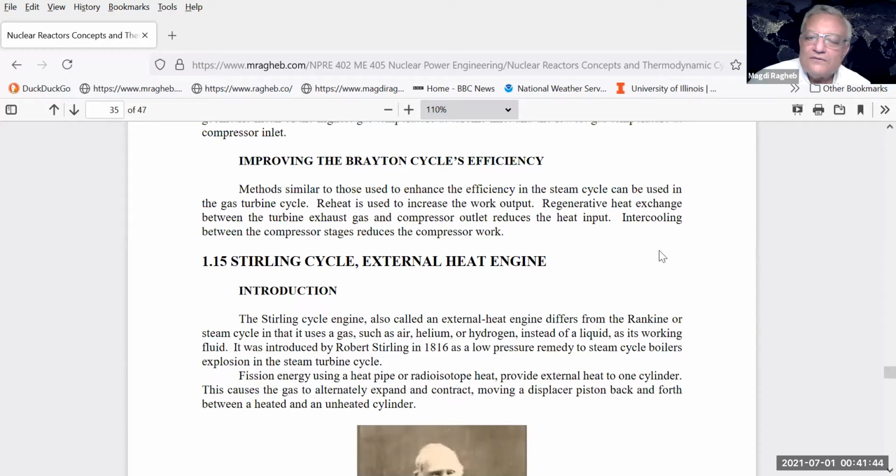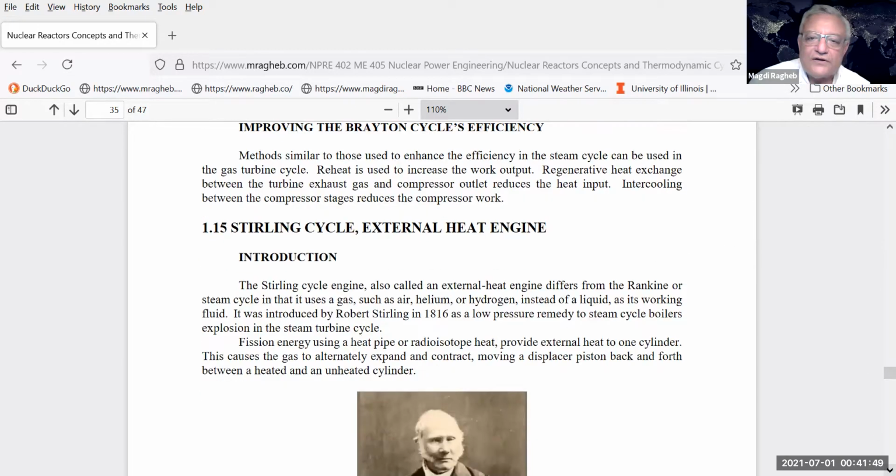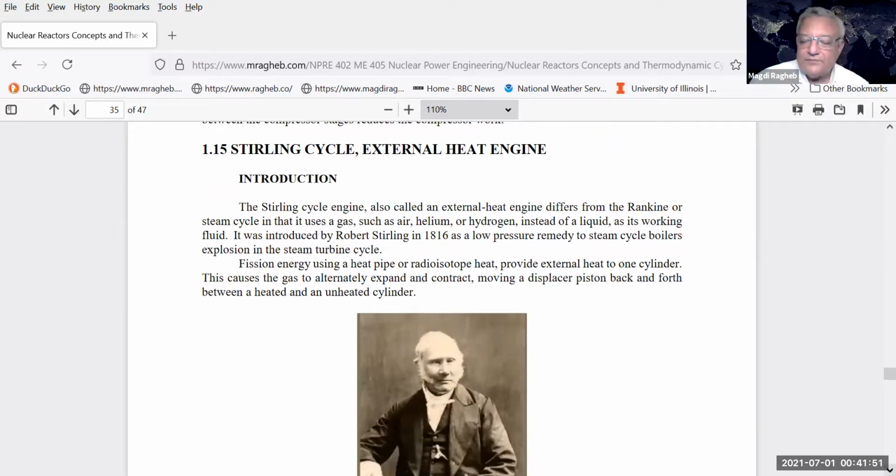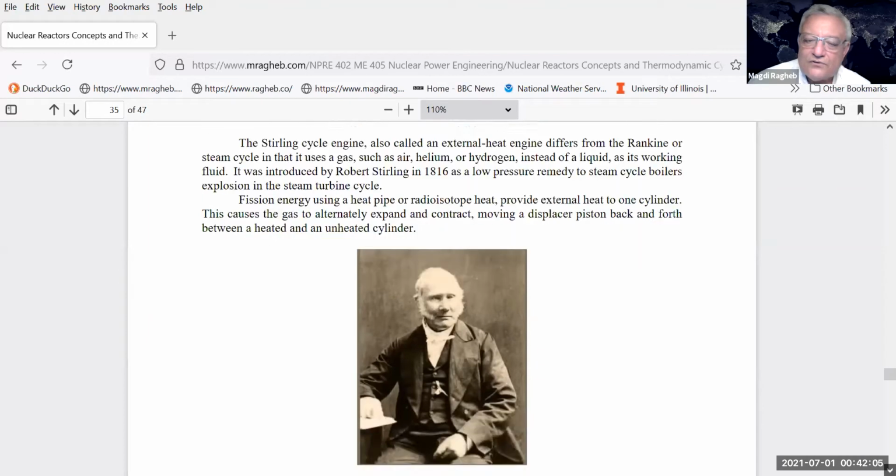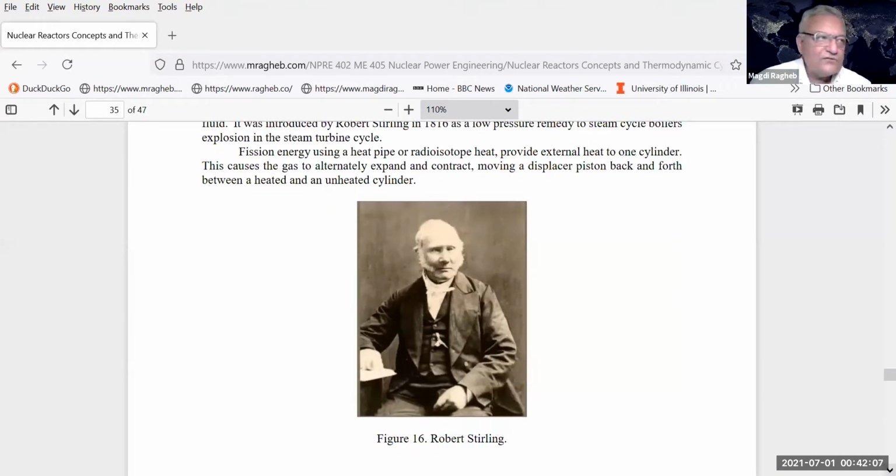So we dealt here in more detail with the steam cycle and the gas turbine cycle, but one very promising cycle for our future is the Stirling cycle, especially as an external heat engine application for solar application, but also if you have a radioactive isotope producing heat, you can use the Stirling cycle. And the Stirling cycle in that case is applicable to the future space reactor.